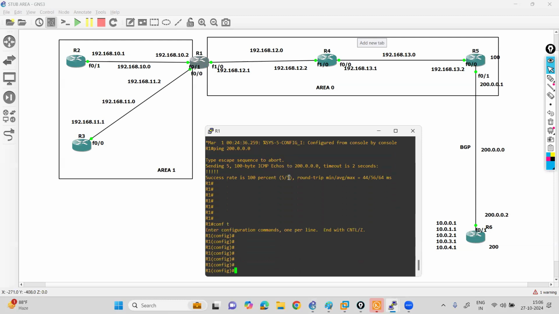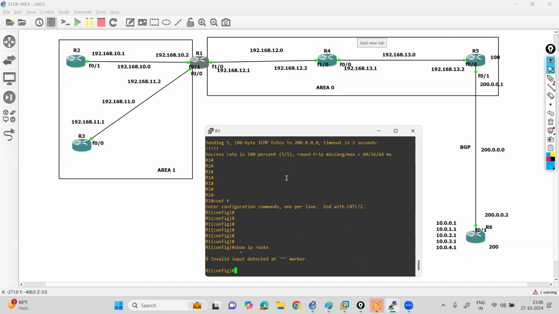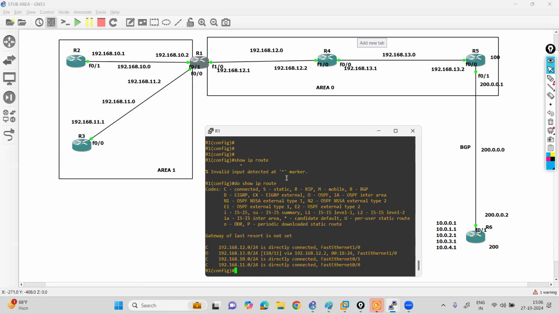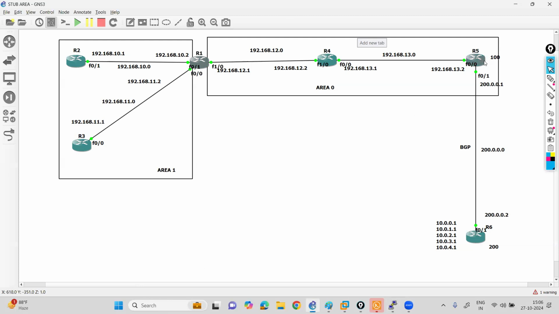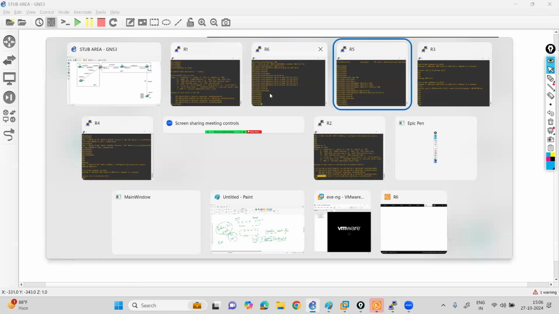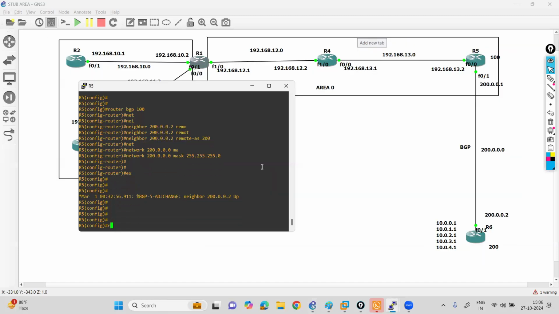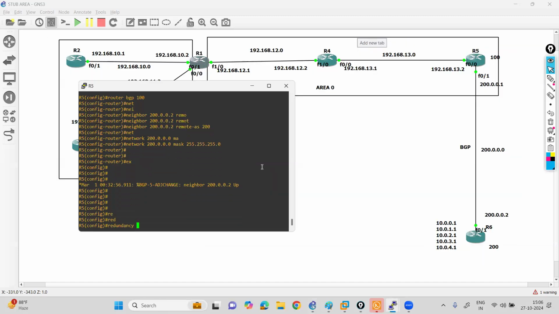Configuring terminal. Do show IP route. Here the routes are available, right? But still, we have to do the redistribution again. Let's redistribute.